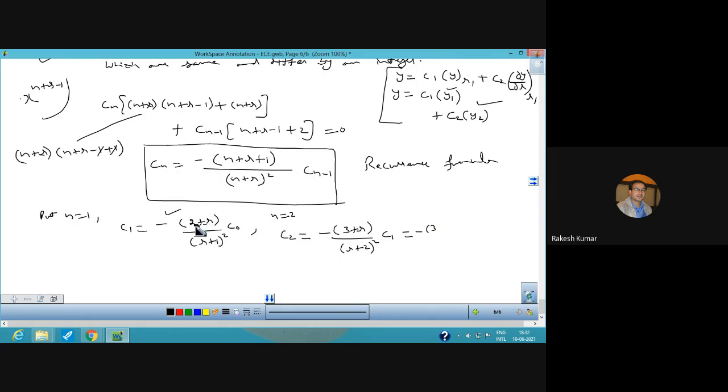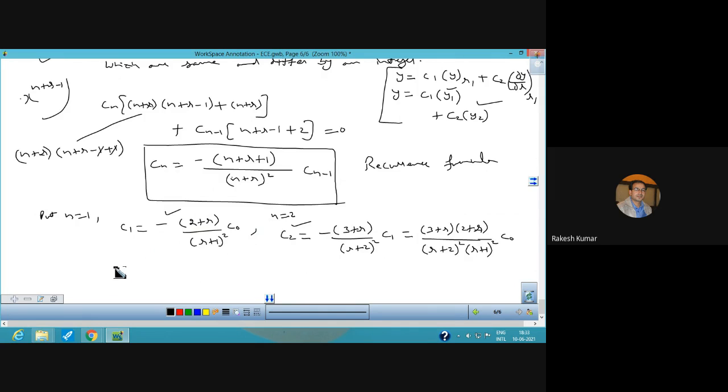Minus and minus can be written as positive, so you will have 3 plus r, that is 2 plus r, divided by r plus 2 whole square, r plus 1 whole square into C naught. This is your second constant C2.